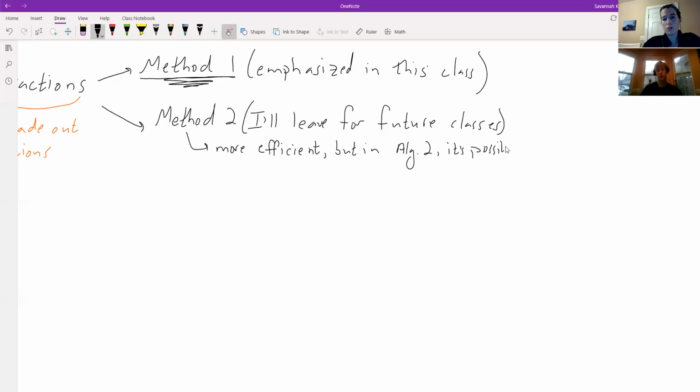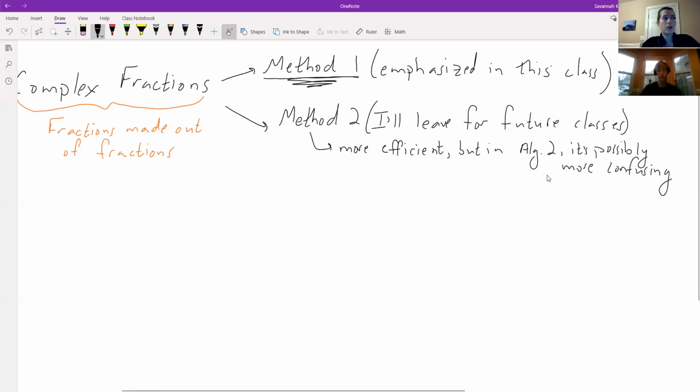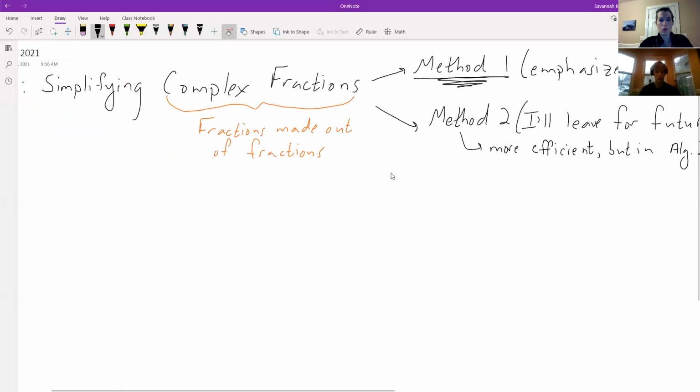So it's kind of like when we were learning factoring in chapter 6, there was a method called trial and error or guess and check that I showed you guys just once, I think, and then we went on from there. Now with method 1, method 2, I don't even think I'm going to show you method 2. We're just going to keep doing method 1 just to avoid too much going on at once.